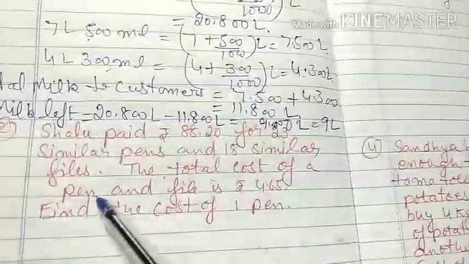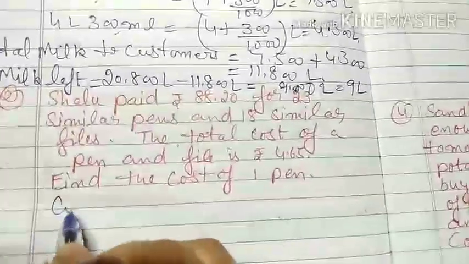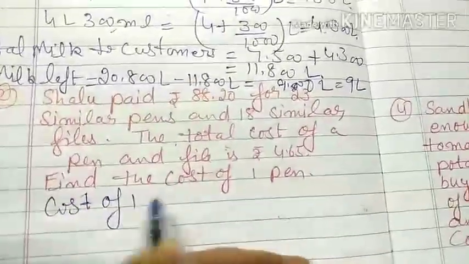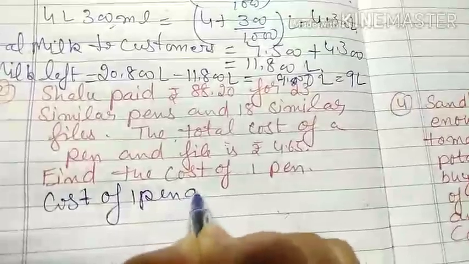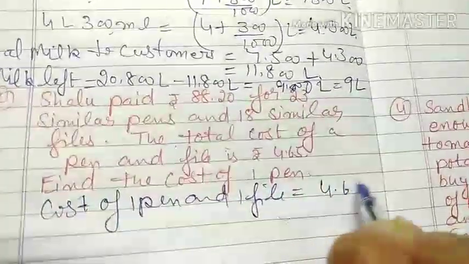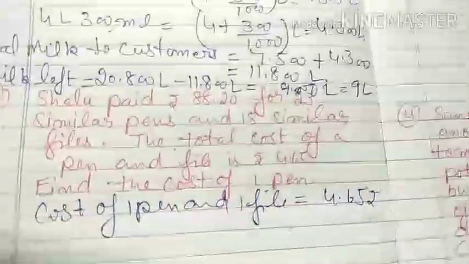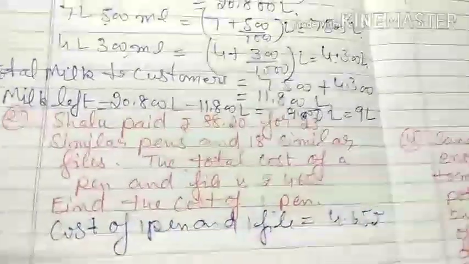Then total cost of a pen and a file. Total cost means one pen and one file combined, 4.65 rupees. Now you have to find the cost of one pen among them.